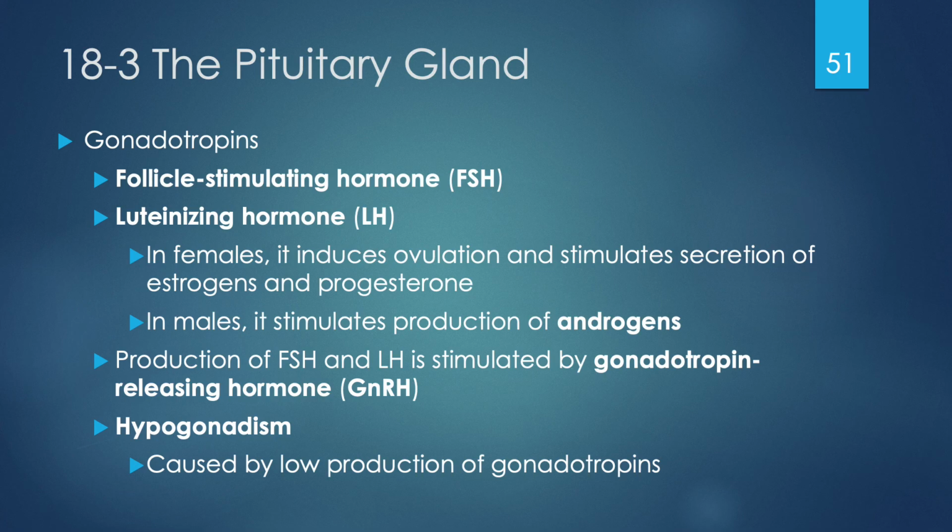In males, though, luteinizing hormone has a different role. It stimulates the production of androgens. Now, the production of FSH and LH is stimulated by gonadotropin-releasing hormone. Hypogonadism, by the way, is a clinical correlation of importance because it can be caused by low production of gonadotropins, and hypogonadism can be a common cause of infertility.